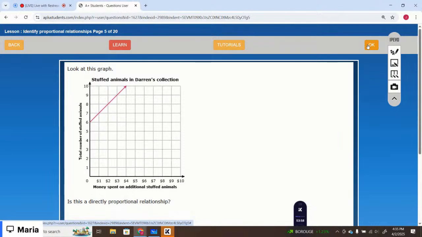Look at this graph. Is this a directly proportional relationship? No, that is not a directly proportional relationship.